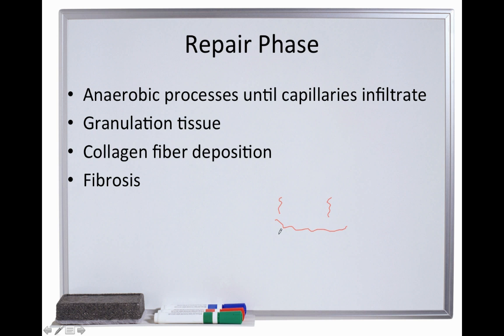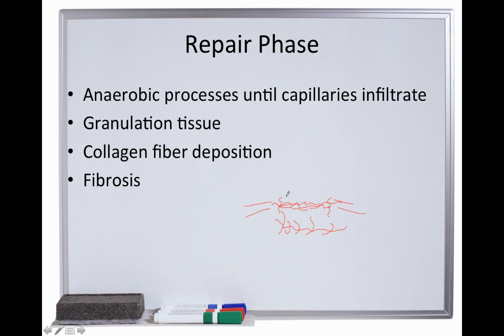At the point where this granular tissue is still kind of moving up, you've got that blood clot going on. The capillaries that were here are damaged. So let's see, that's capillary, and it's not connecting across. Once those capillaries come in and infiltrate, now you have blood supply and you get more tissue healing going on. So it's an anaerobic process until those capillaries come in and infiltrate the wounded area.